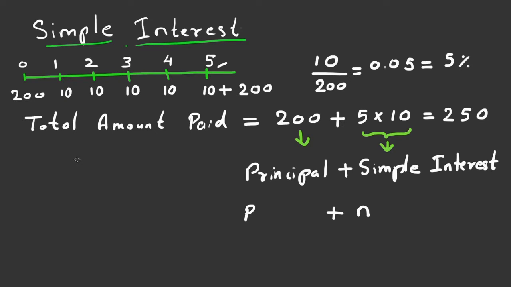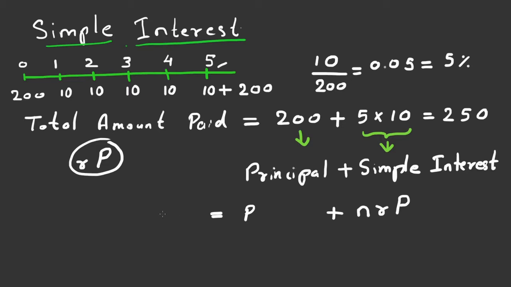We already studied interest is equal to rate of interest into the principal. Rate of interest into principal amount P. So, I can write it as NRP.